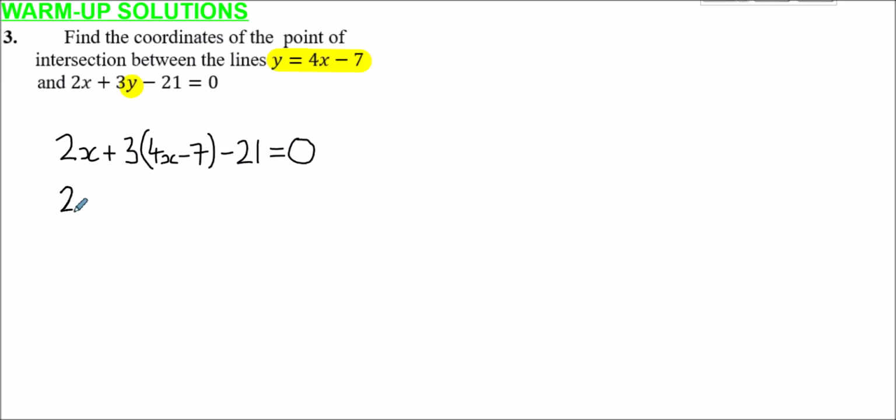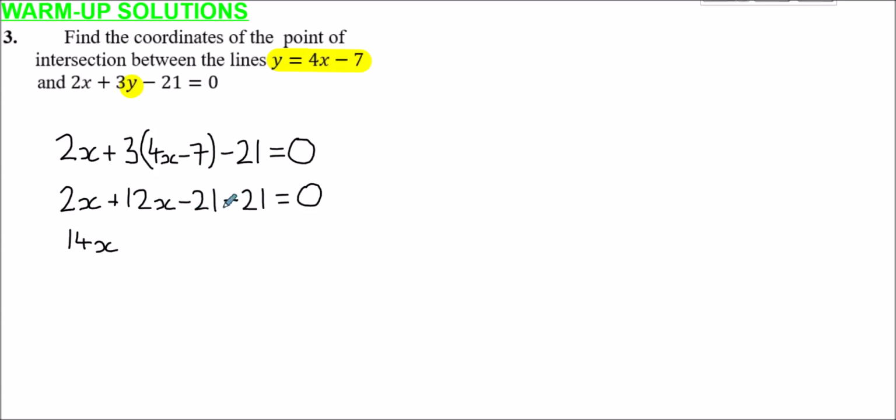So let's expand this out. So we get 2x, 3 times 4x gives us another 12x, 3 times minus 7 gives us minus 21. We had a minus 21 from before as well, so that equals 0. 2x plus 12x gives us 14x.